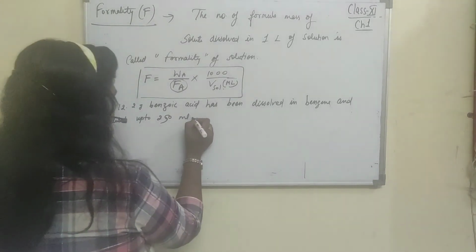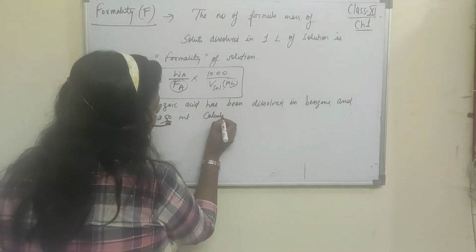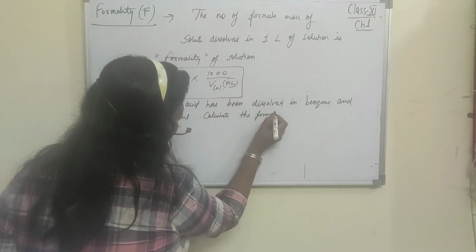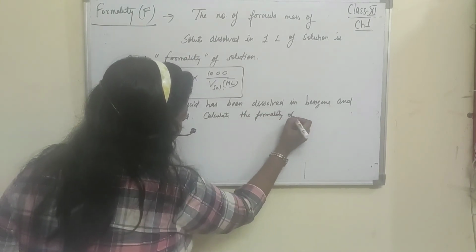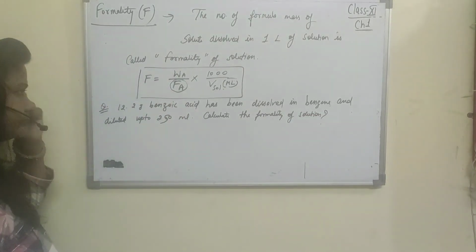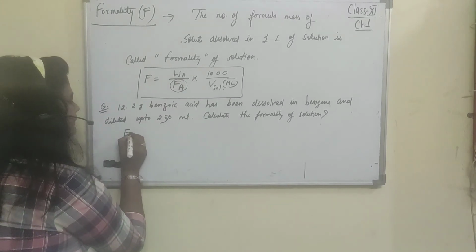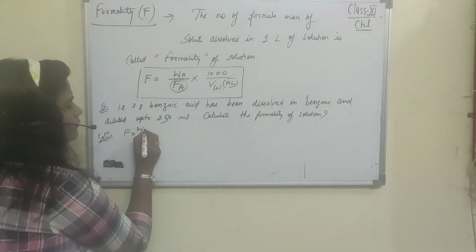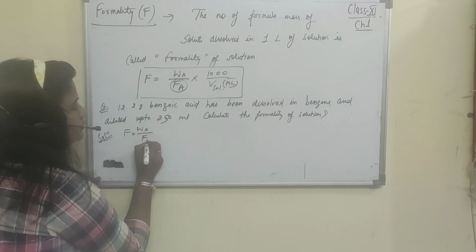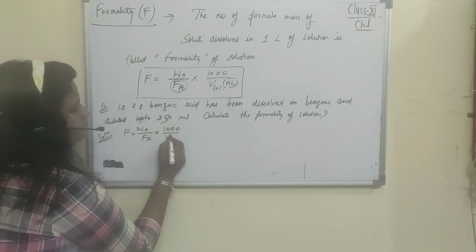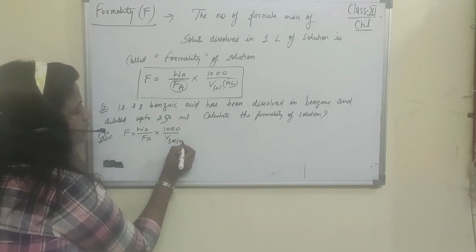Then calculate the formality of the solution. Okay. So formula will be F equal to WA upon formula mass of solute multiplied by 1000 upon V of solution in ml. Correct?